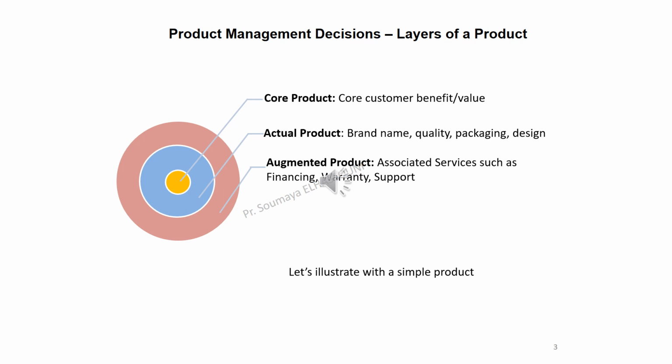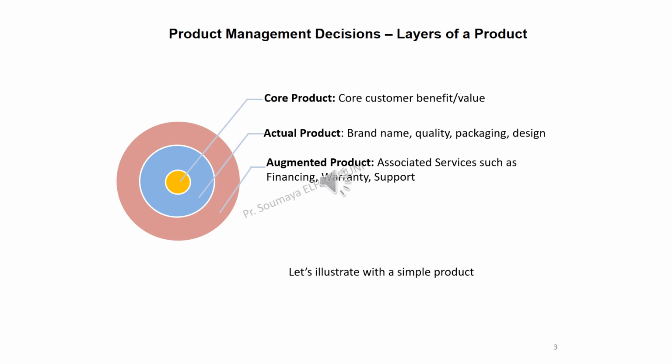Now let's move on to the second layer, which is the actual product. This is what you see, what you touch, what you evaluate. It includes tangible aspects like the product's design, the product's features, the quality, and of course the branding. And finally, we have the augmented product.